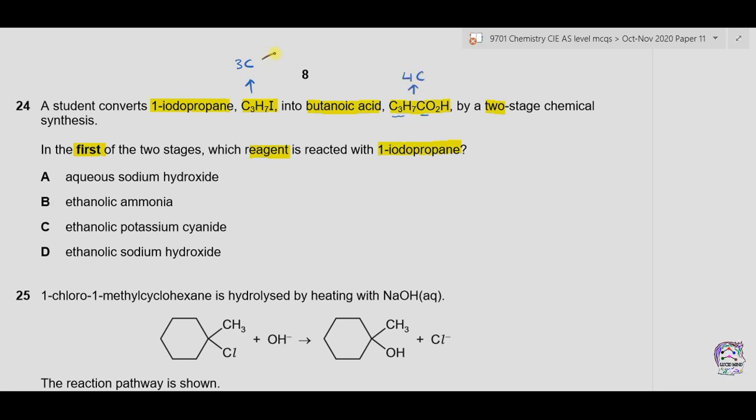So the first step would be to increase the number of carbon atoms, which can be done by the presence of cyanide ion, and 3 carbons will be converted into a 4 carbon nitrile compound. In the second step, the nitrile is then converted into carboxylic acid upon acid hydrolysis.